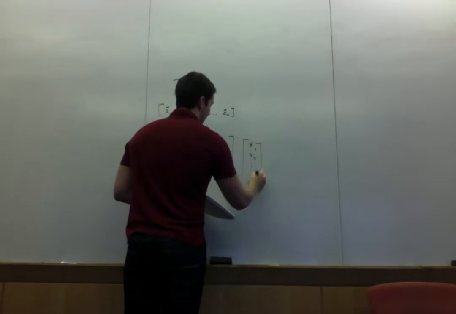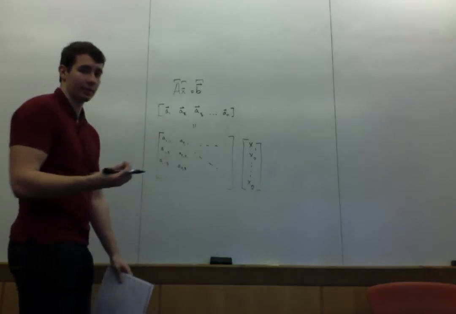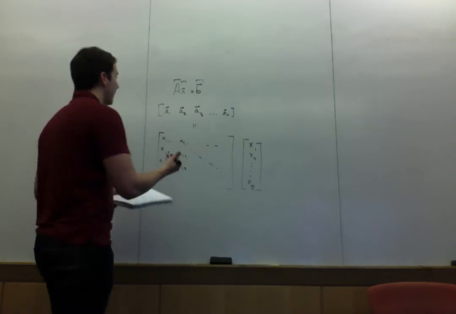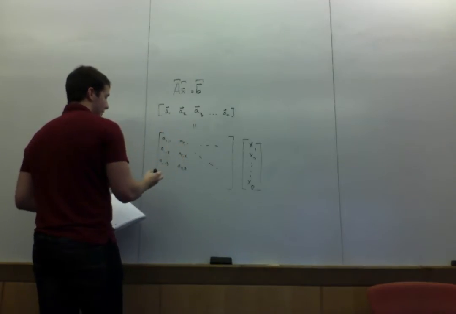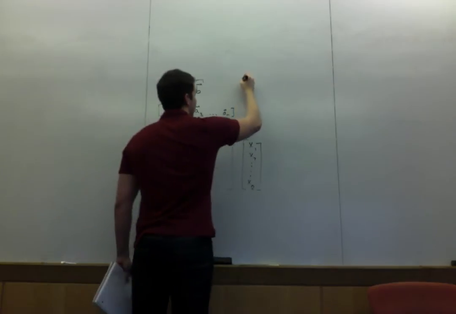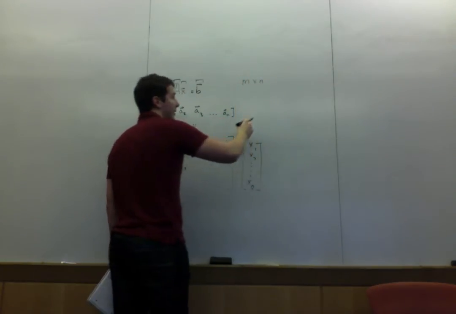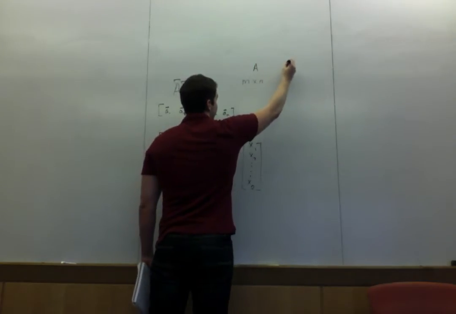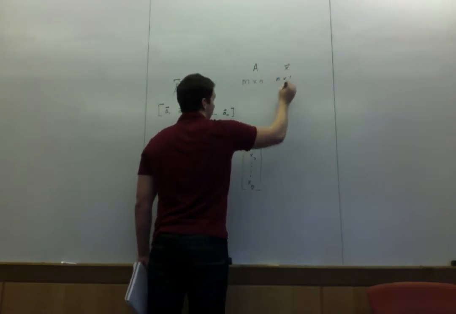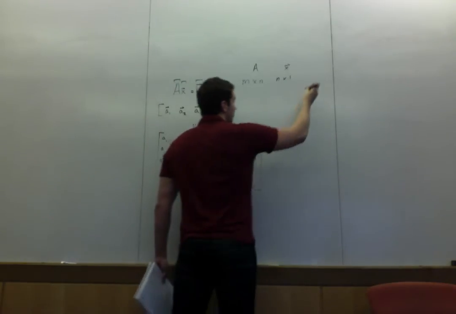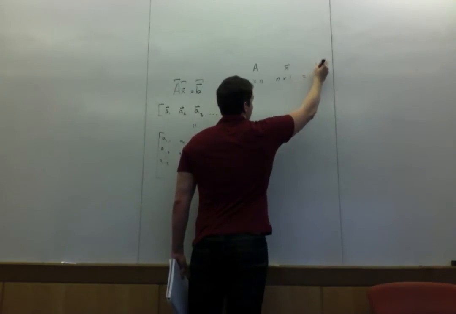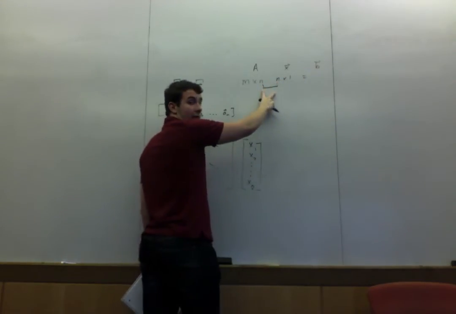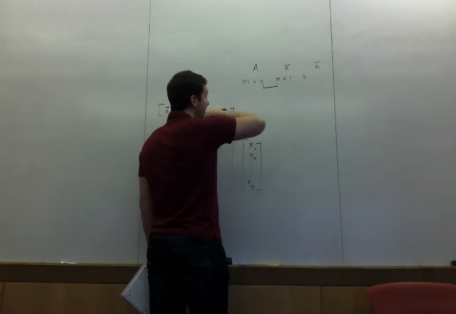So let's check our dimensions, because as we said, we should be able to multiply these two things together if the inner dimensions agree. So A is some m by n matrix. x is an n by 1 column vector, which leaves us with b. We see that n and n agree, they're the same, so we're good there.